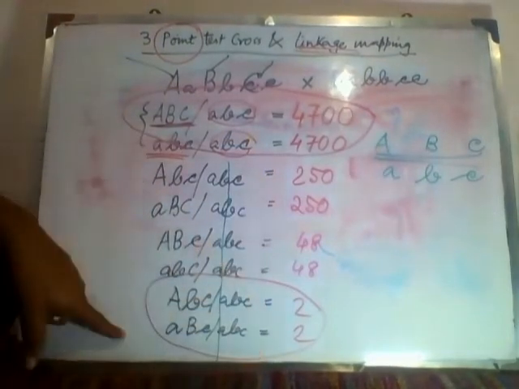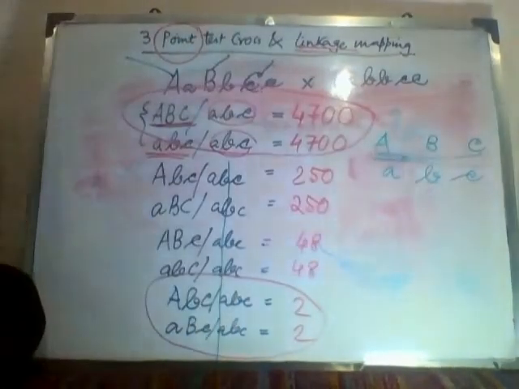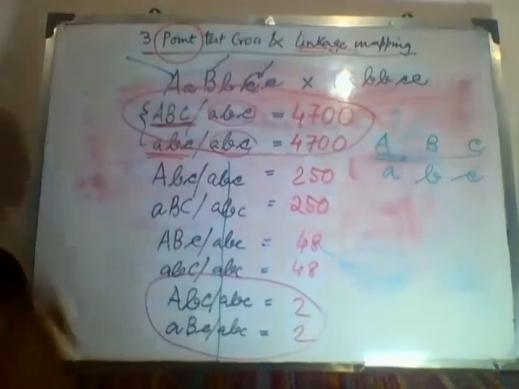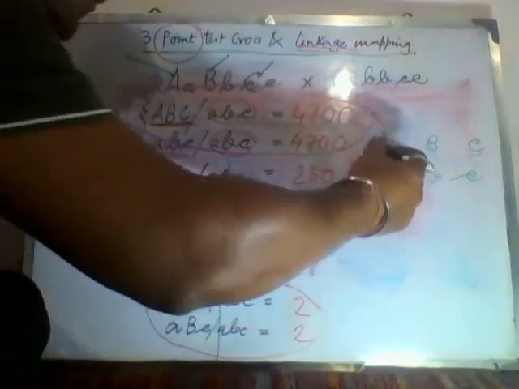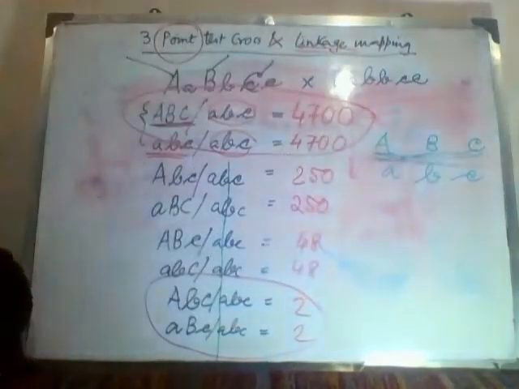Just look at this side of the genotypes that has been provided to you. So if a recombination takes place between A and B, then the gametes that will be formed are capital A, small b, small c, and small a, capital B, capital C, right?